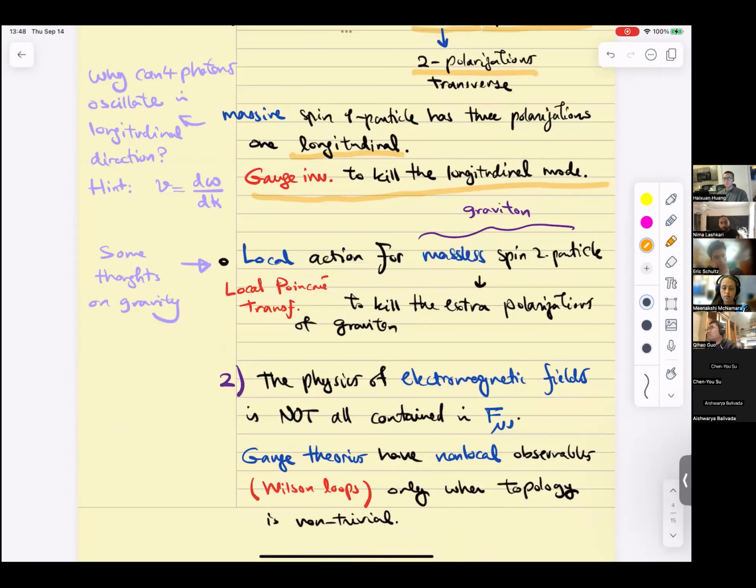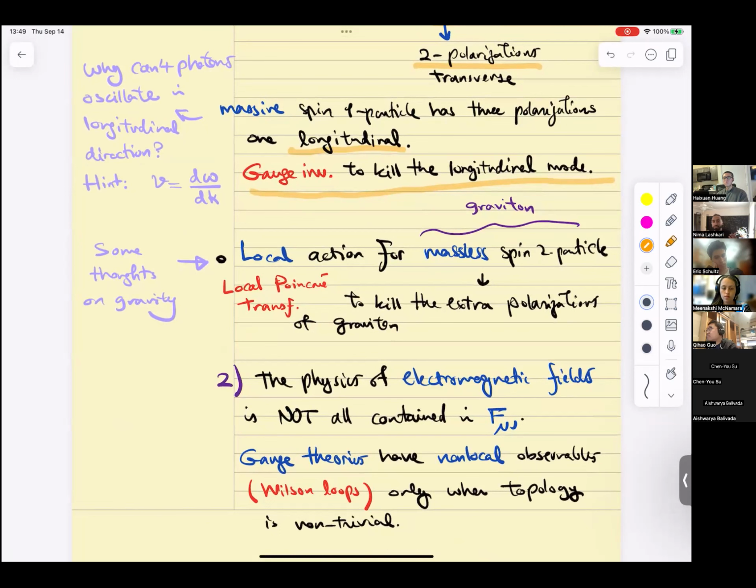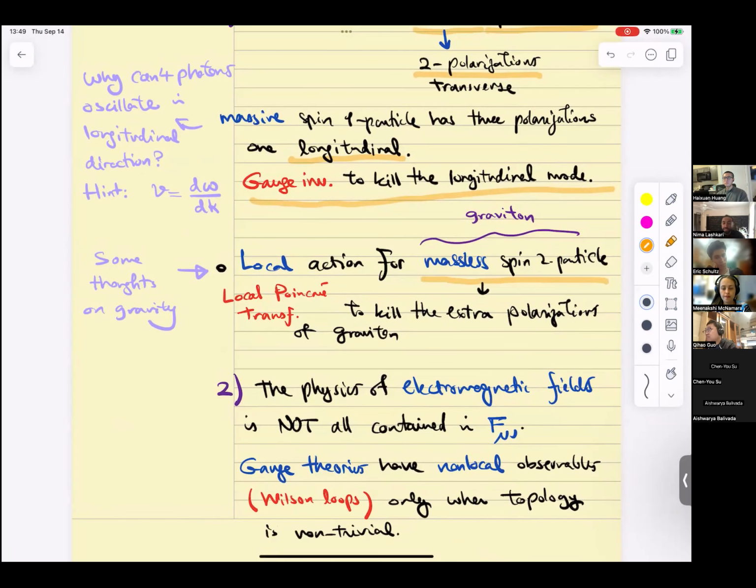Another side comment for you to think about is that there is a spin 2 particle that's massless. It's called the graviton. If you insist on writing a local action for it, you're going to introduce a whole bunch of extra polarizations that the graviton doesn't have.